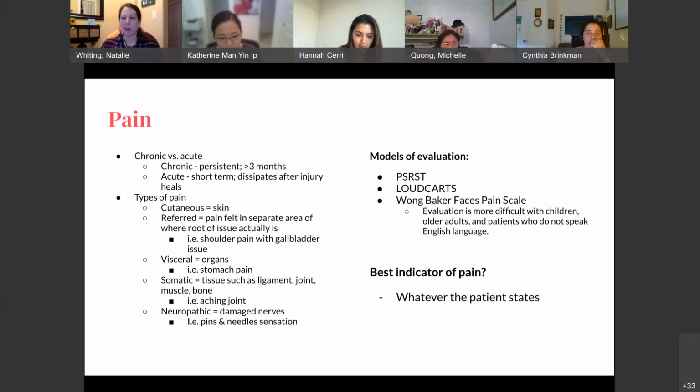That's not a really good scale to use because there are 5 different faces to choose from, and people have different perceptions of what pain is and what their face looks like with pain. So it's not a good indicator of pain, but it's something if we cannot get an interpreter right away. What is the best indicator of pain?